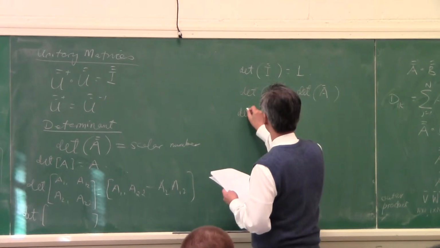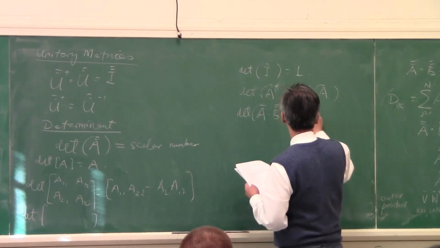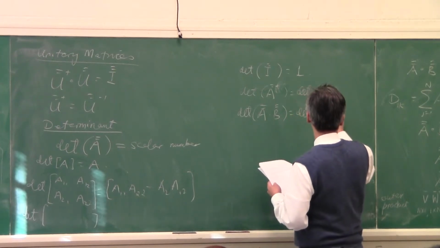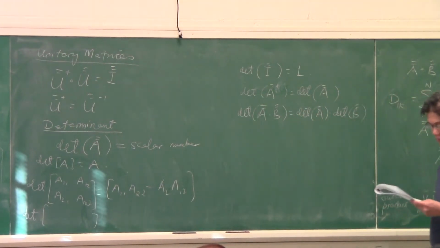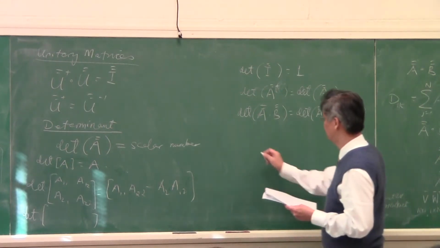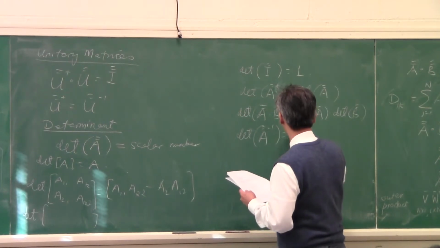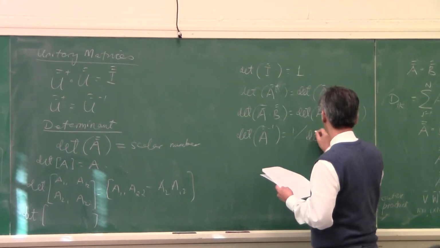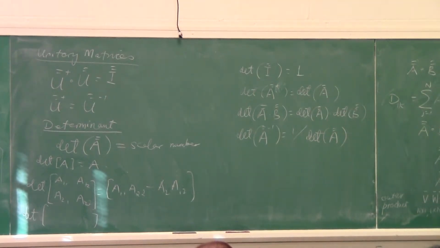The determinant of A dot B is equal to the determinant of A times the determinant of B. And the determinant of A inverse is 1 over the determinant of A.